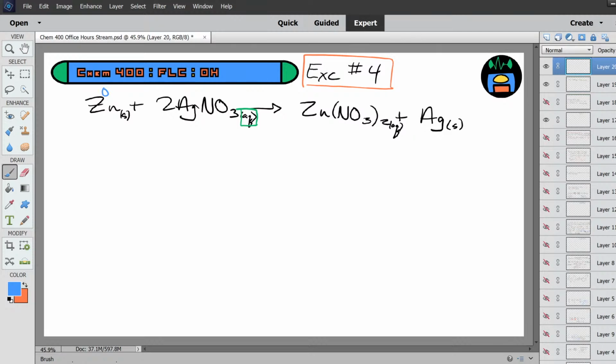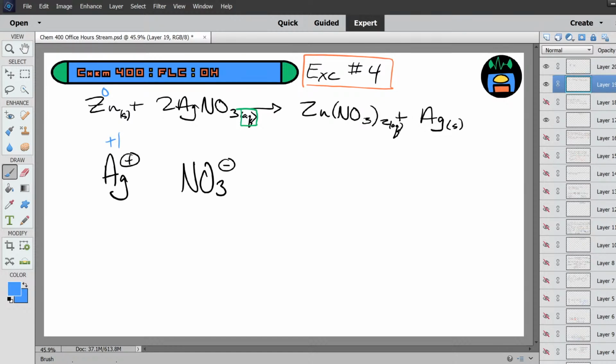All right, so we have, as I said before, silver cation and nitrate anion. Because silver in silver cation has an oxidation state of +1, silver in silver nitrate will also have an oxidation state of +1. Now looking at nitrate, between the two of them, oxygen is more electronegative, so it picks up an oxidation state of -2.